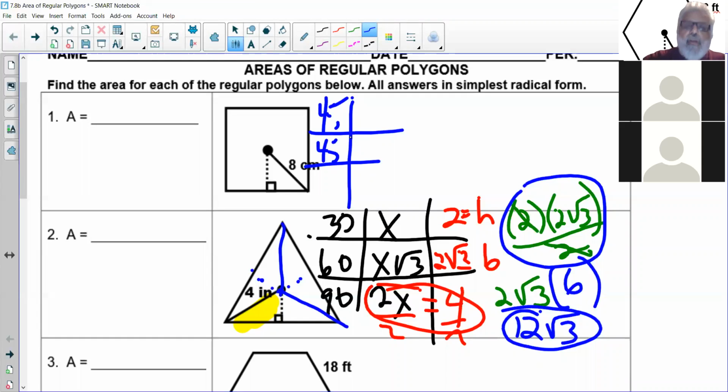And also, how many little triangles do you think there are in the square? 1, 2, 3, 4, 5, 6, 7, 8. 8.